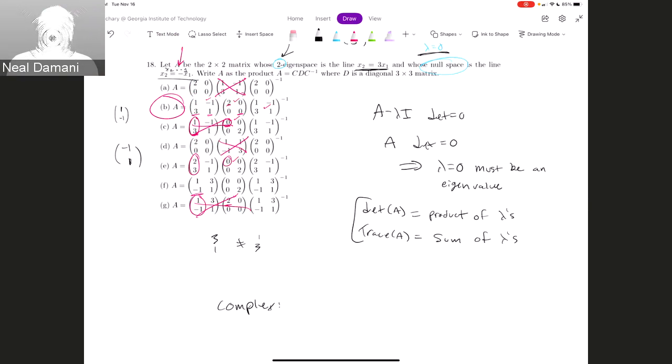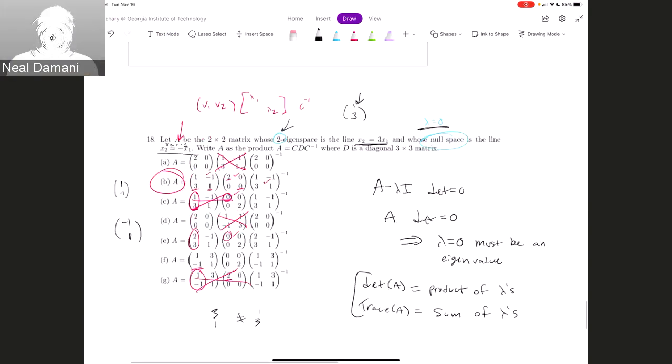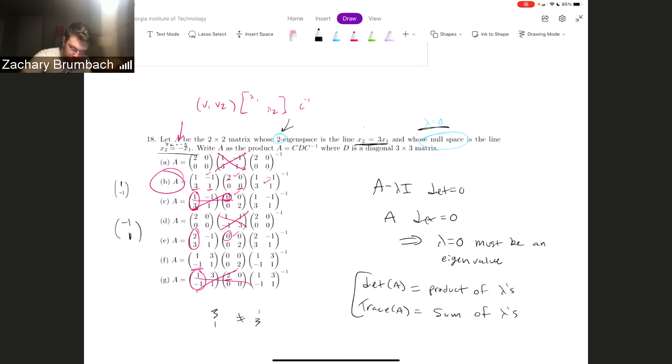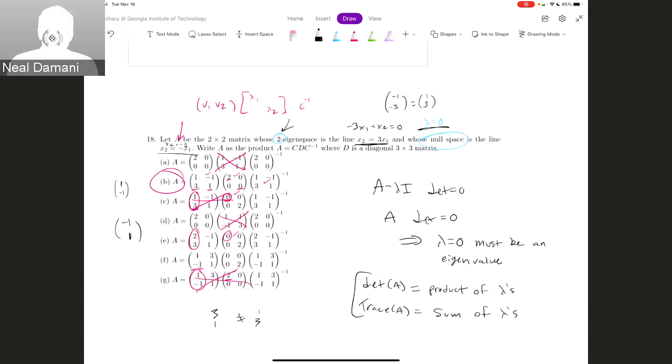Like how would that apply to x2 equals 3x1? It's if they're on the same side. Okay, thank you.